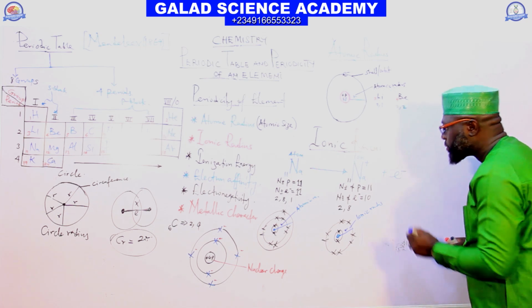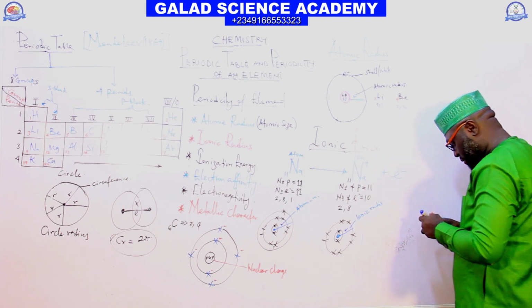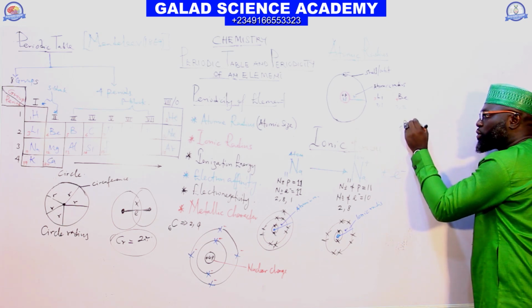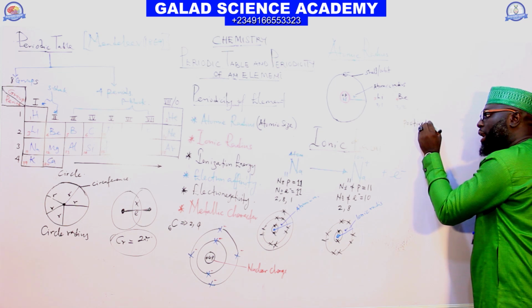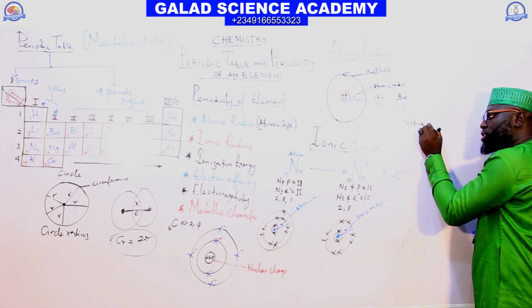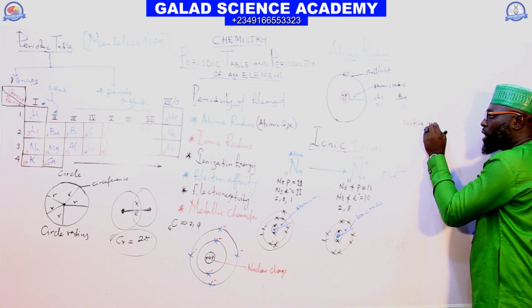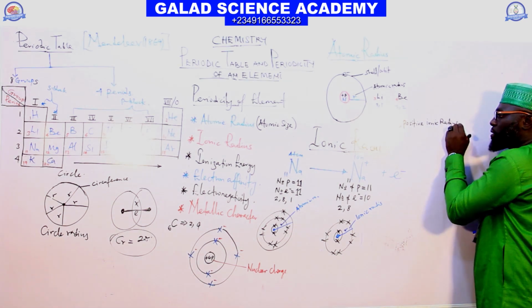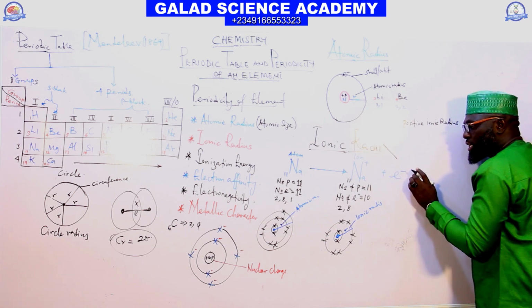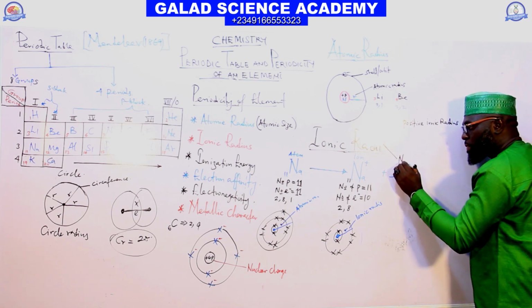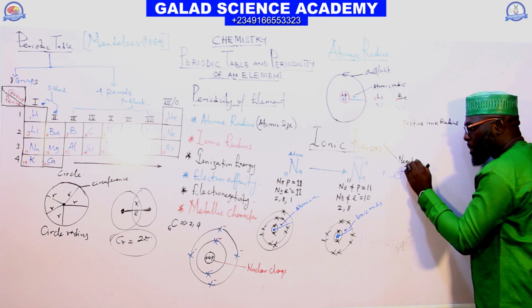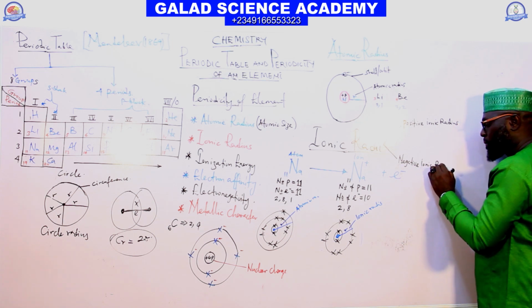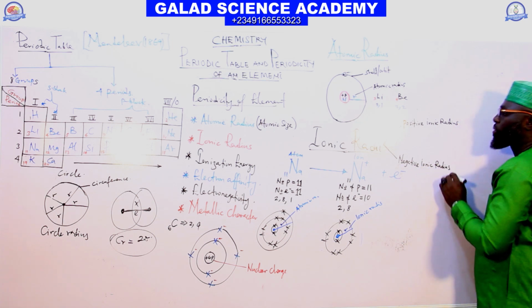We have the positive ionic radius, and we also have the negative ionic radius.